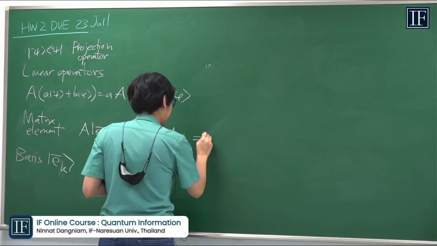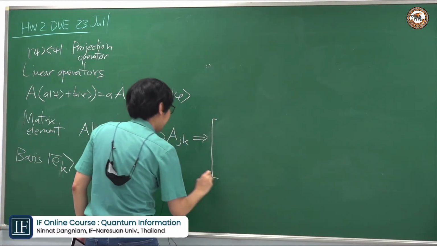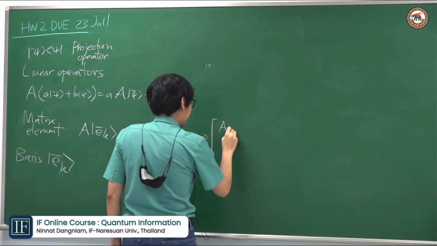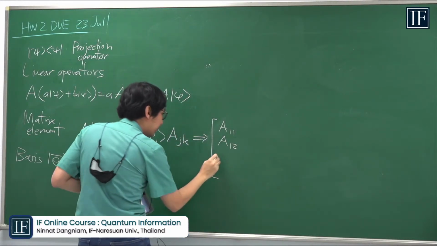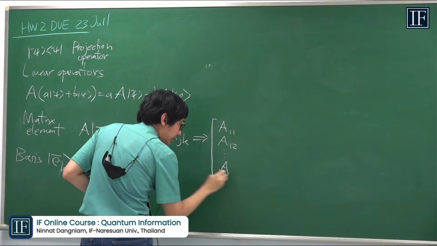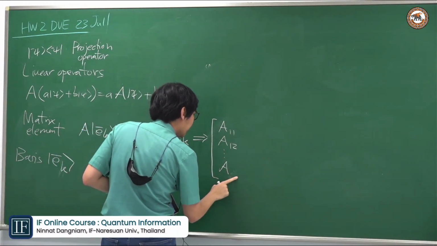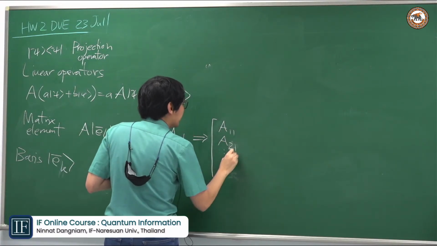And this is saying that, if I write it in matrix form, say the dimension is small d, this is a row, this is a column, this is the row.